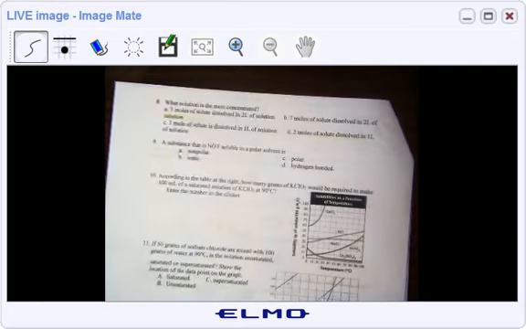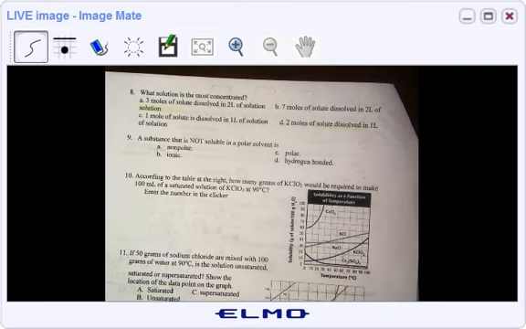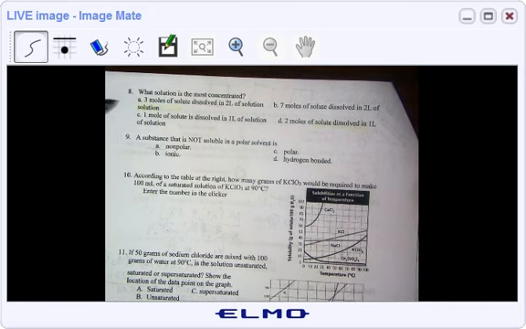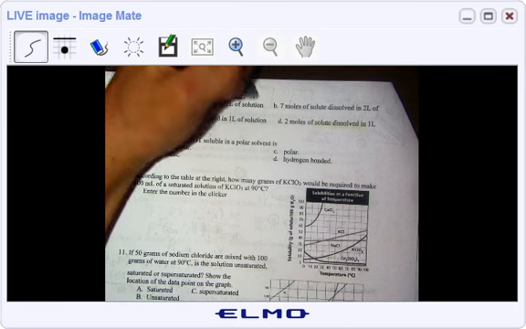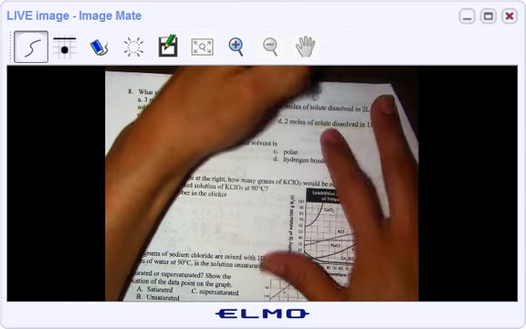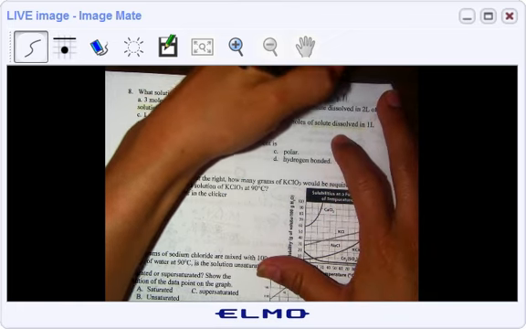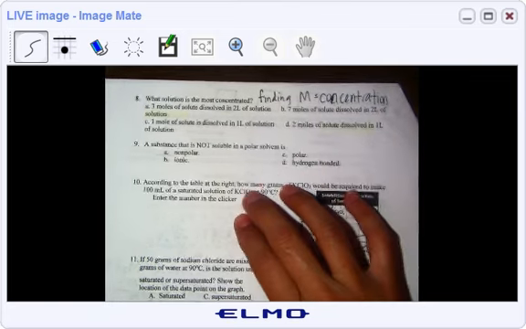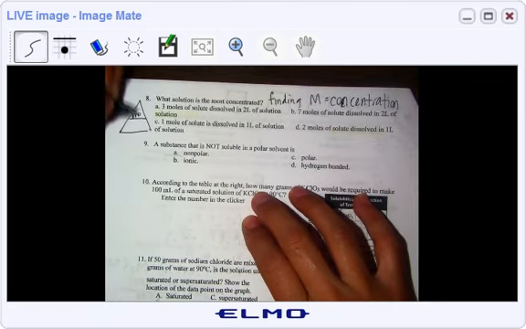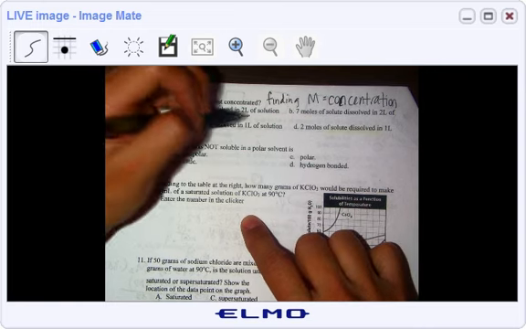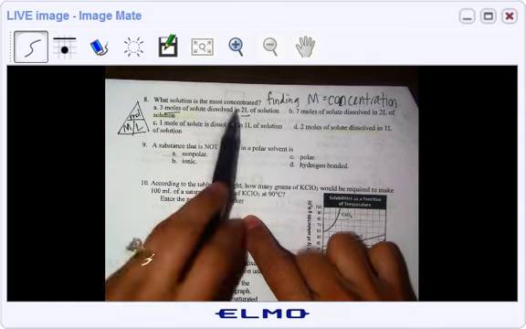Number 8, what solution is the most concentrated? So you're really finding M, because M equals concentration. If you think back to the triangle, mole, M, L, in all of these it gives you the mole and the L. So you're just going to divide these 2 numbers in all of them.